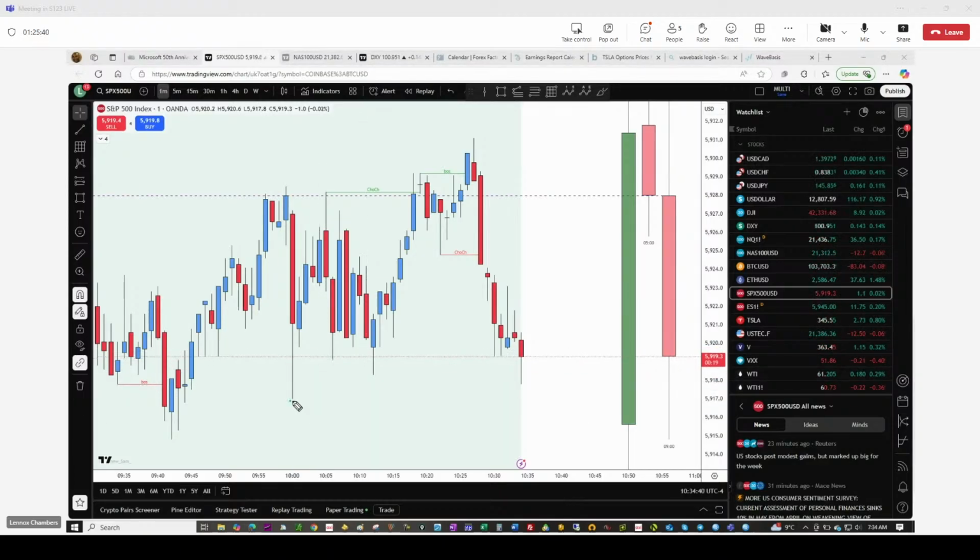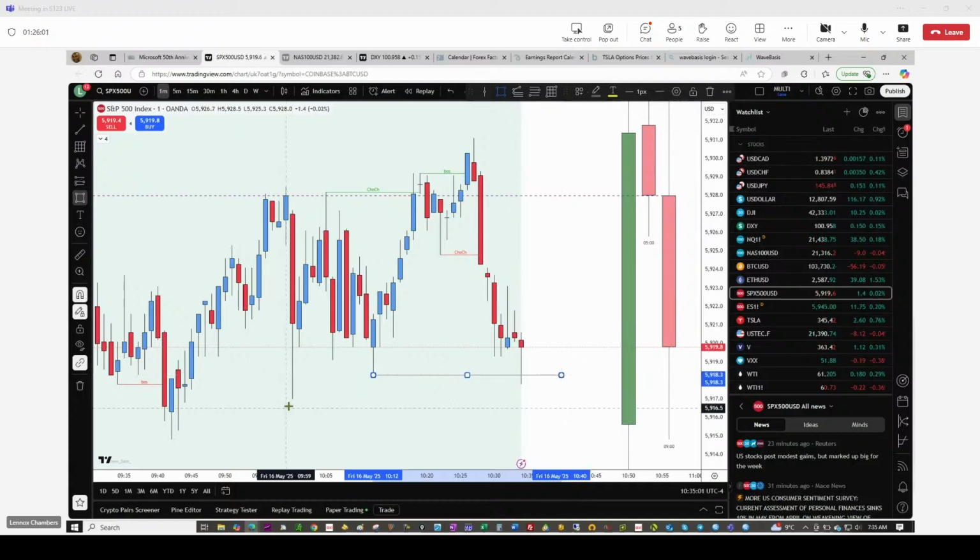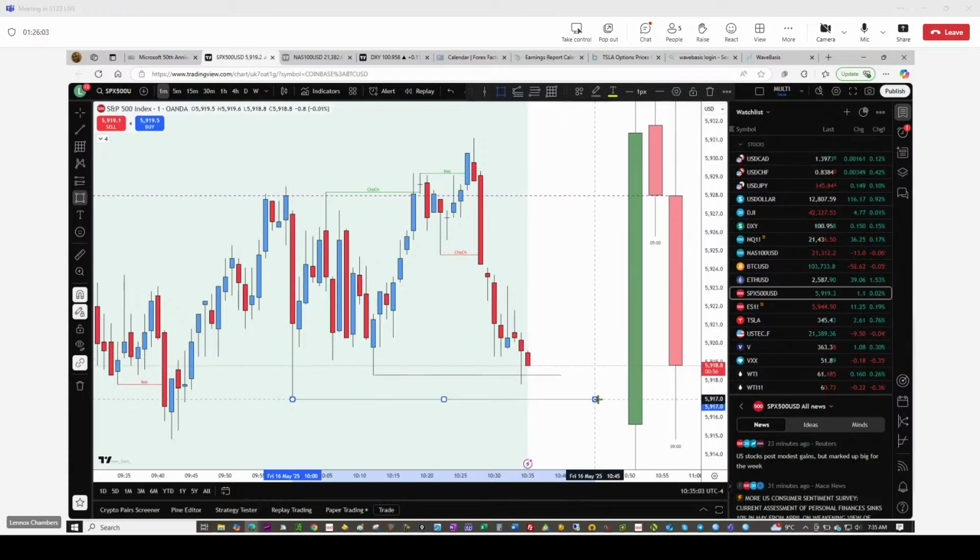S&P might leave these guys alone here, and we could see S&P turning back to the upside. So if we see this happen on S&P, then it's an opportunity to go. Only one low has been taken on the S&P, so still a bit of divergence going on, right? Got these two left.